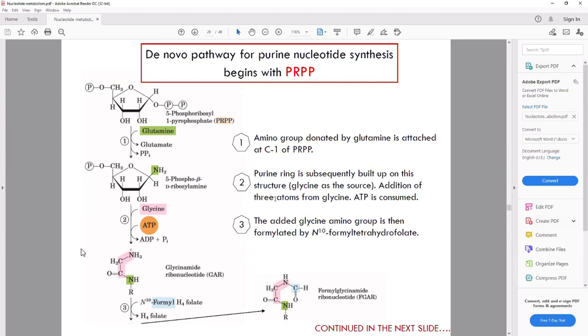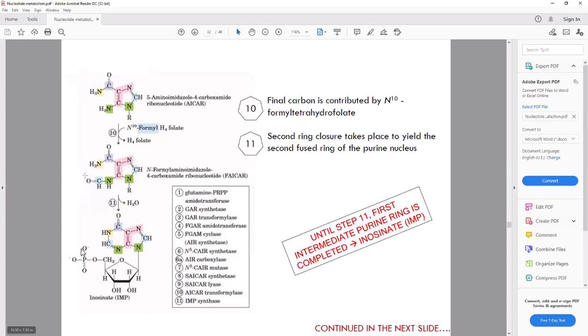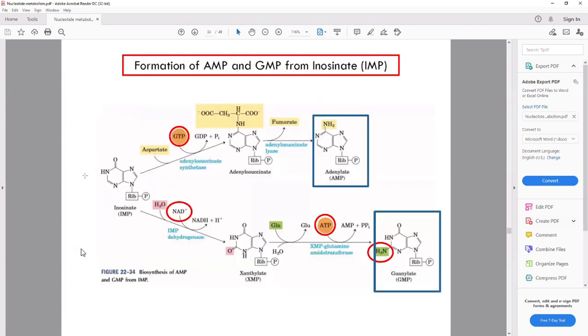Okay. So in general, one piece of information that you need to know: IMP, inosine monophosphate, is the parent nucleotide of purine, from which it can lead to two different routes to form AMP and GMP.